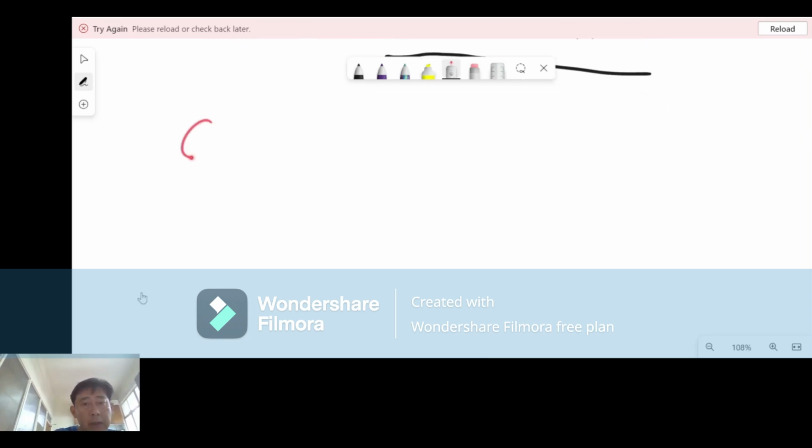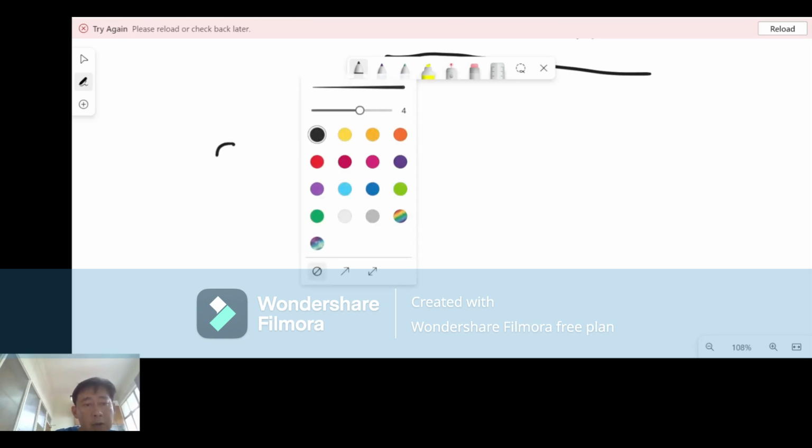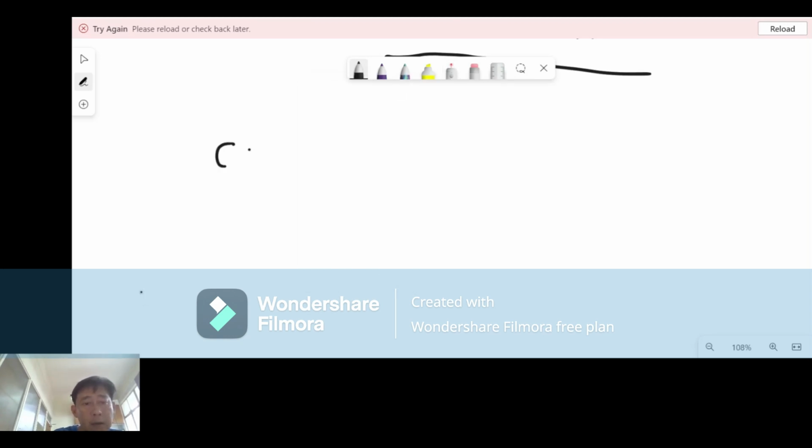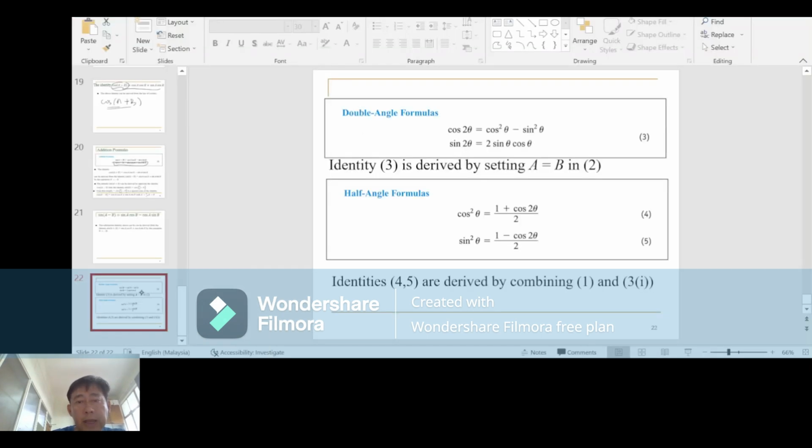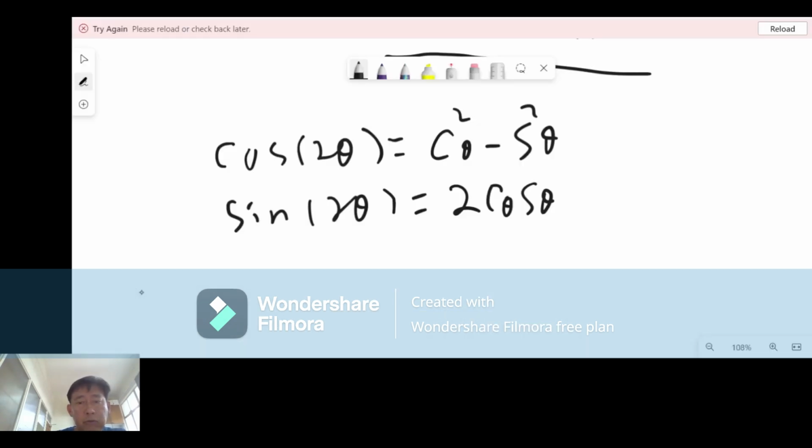So here the identity is cos of 2 theta is equal to square of cos theta minus square of sine theta, and the sine of 2 theta is just equal to 2 cos theta sine theta. So these are identity number 3. So let me show you how this could be derived.